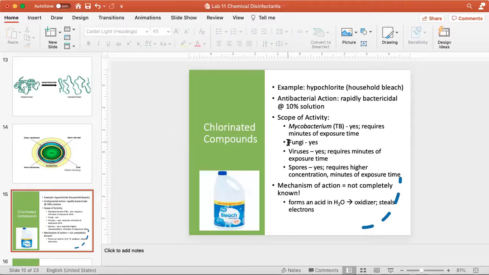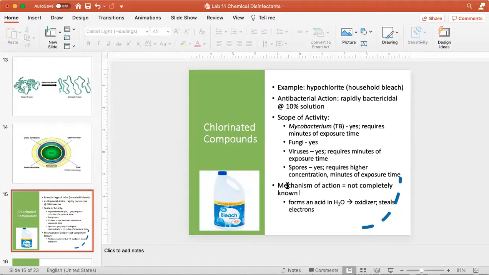It will kill fungal cells. It will destroy viruses, but again, if you're trying to kill viruses, you have to let the bleach sit for minutes of time. Now, here's an interesting thing about bleach. It will destroy spores, but you have to use a higher concentration and leave it again for minutes of exposure time.